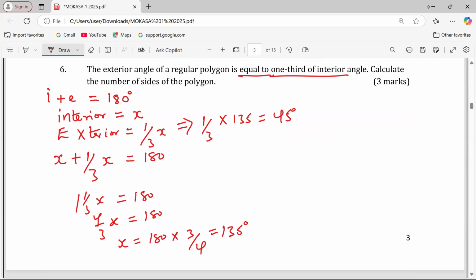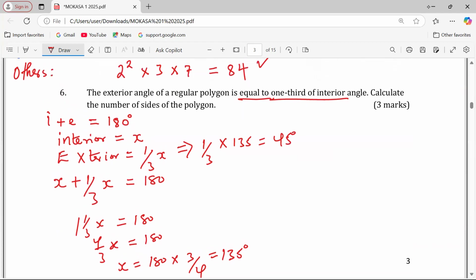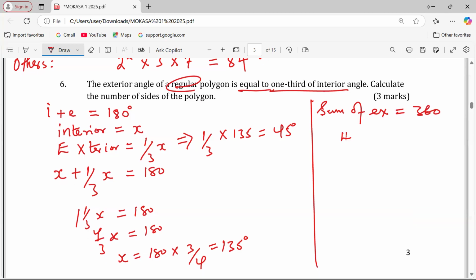Simple, 45. So now that we have the size of an exterior angle, and we know that the sum of exterior angles is usually 360, and this is a regular polygon, which means all of them are equal. Then 45 multiplied by their number should give us 360.